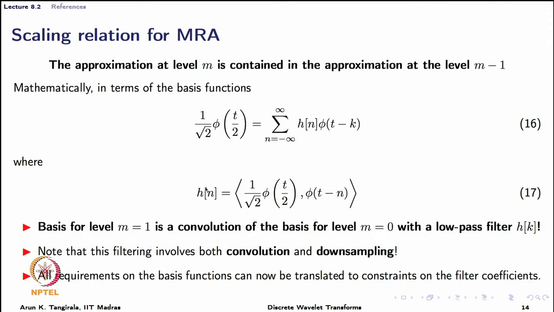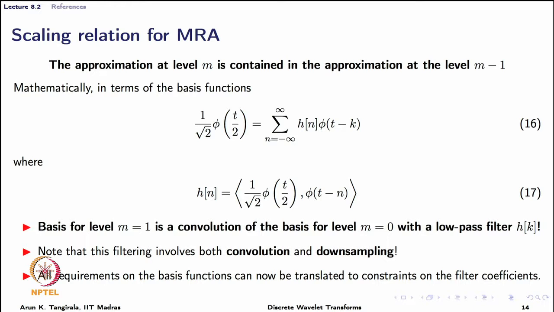So, the most important point is that instead of talking of phi of t, which becomes boring or difficult later on, we shall talk in terms of these h, which are the coefficients. By specifying the low pass filter coefficients h, I would be indirectly specifying phi of t itself, and we will look at all of this in the next lecture. That is essentially the connection between scaling functions phi of t and the filter coefficients h of n.